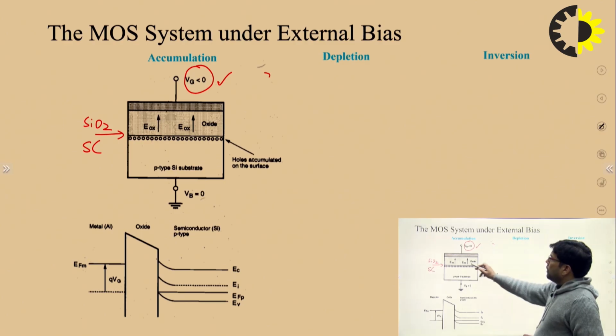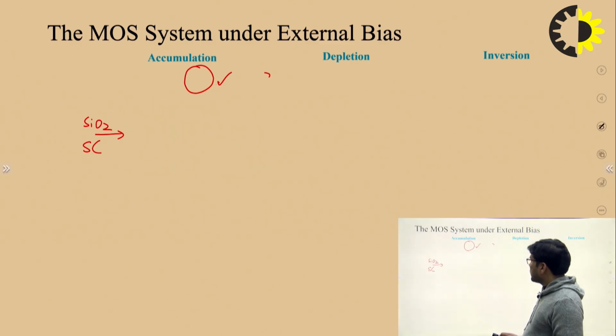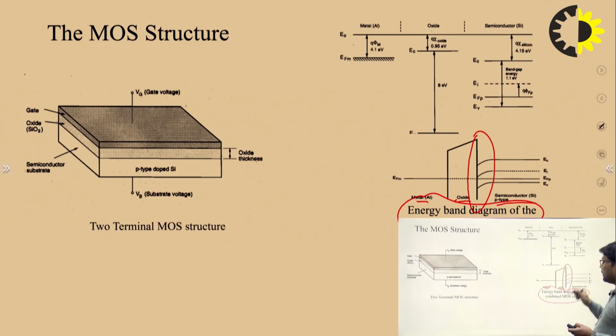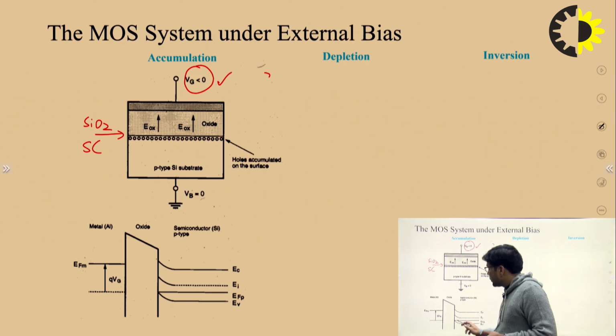As you can see here in the picture, because the electric field is going in the upward direction, the energy band which in the MOS structure in the previous slide was bending downward is now going upward clearly, right?